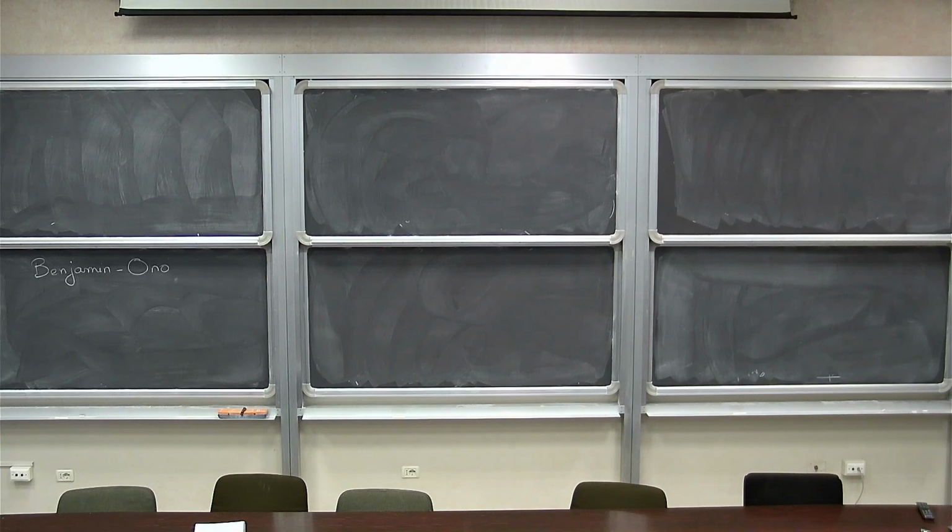Now, this equation, the Benjamin-Ono equation, was introduced at the end of the 60s, first by Benjamin, who is an expert in fluid mechanics. So it's really an equation that you can meet in fluid mechanics. I will tell you why.